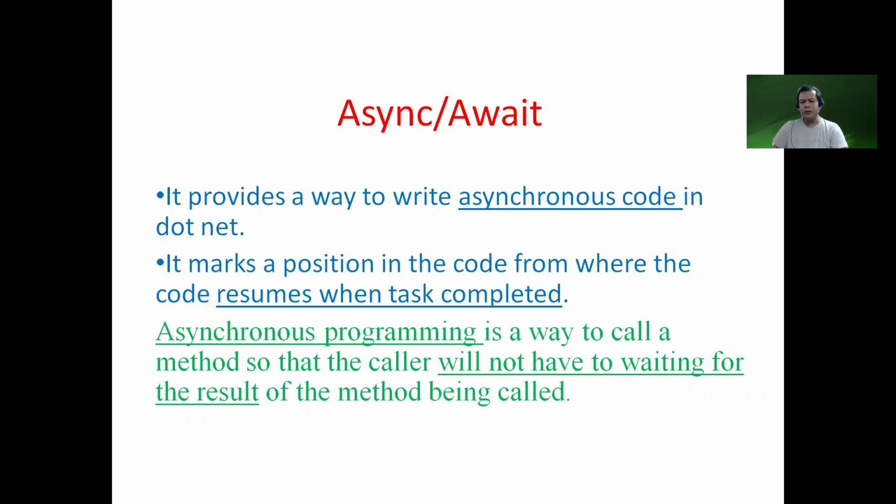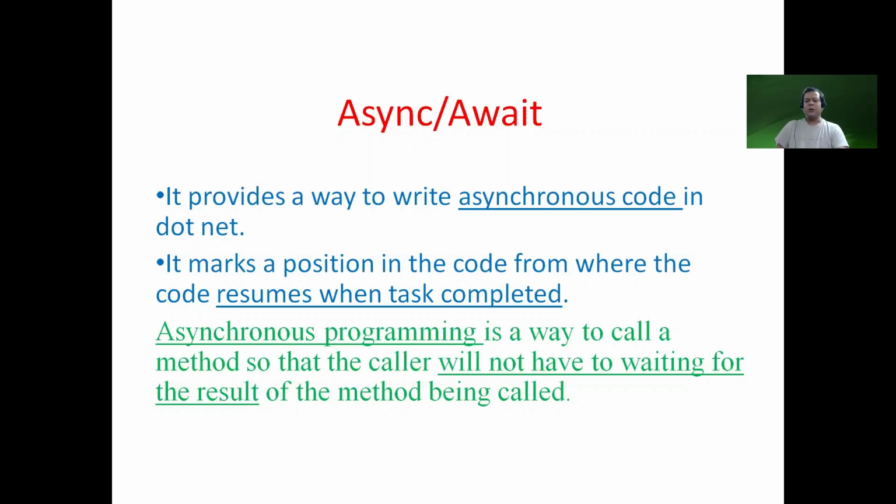For example, if a function calculates tax and that calculate tax takes 5 or 10 minutes to get executed, then the calling function need not wait for the completion of the calculate tax function. The control of the program will move further and will not wait for the completion of the function that is being called.